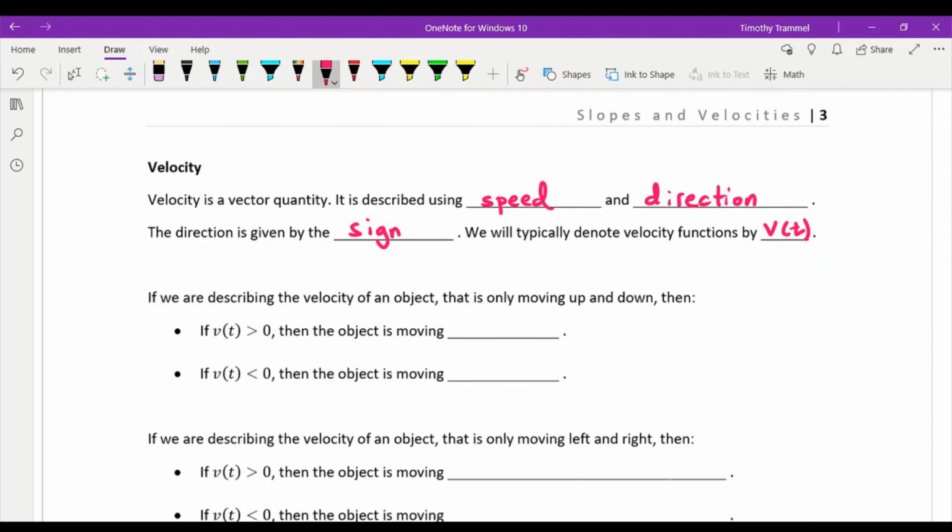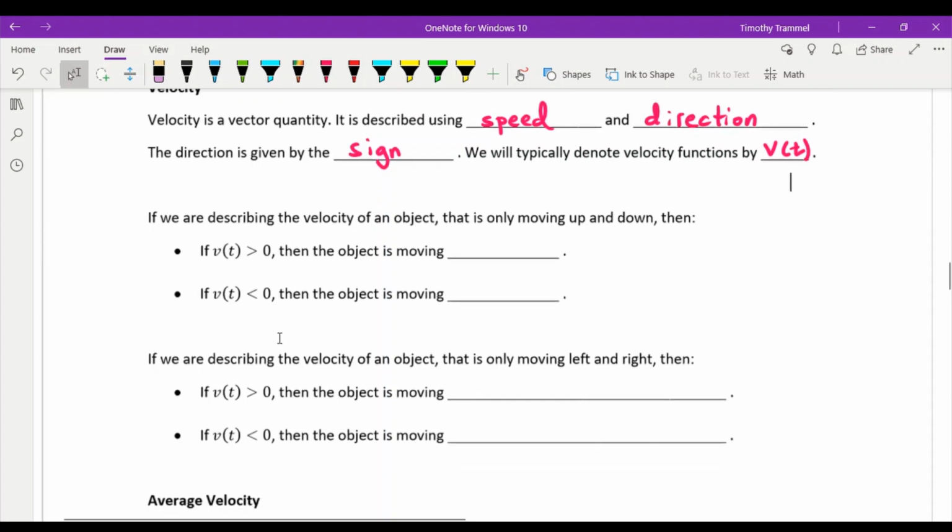Now, I said that we're going to be looking at velocity in one dimension here, so along an axis, and so that could either be happening up and down or left and right, and we're going to take the convention that if the velocity is positive, the object is moving up.